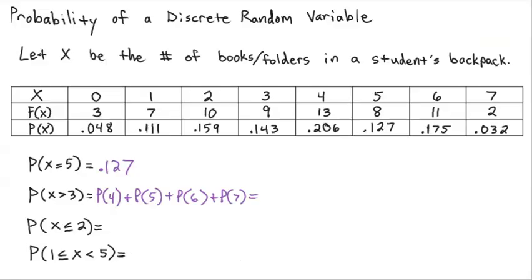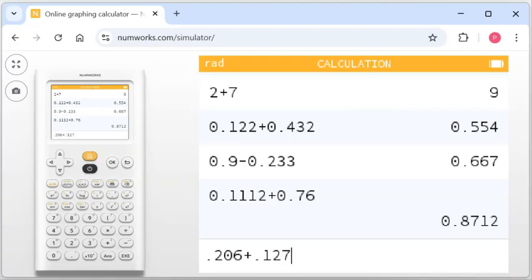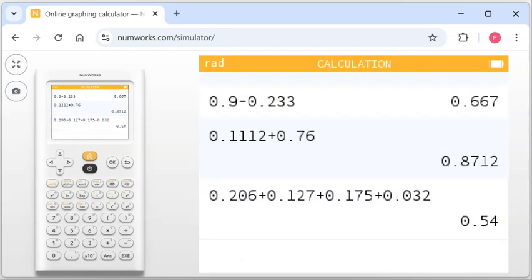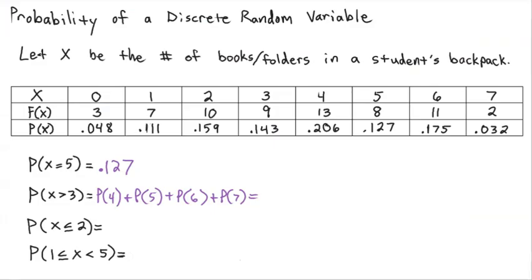And that gives us 0.54. So that's going to be 0.54.